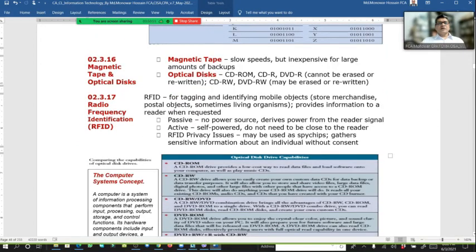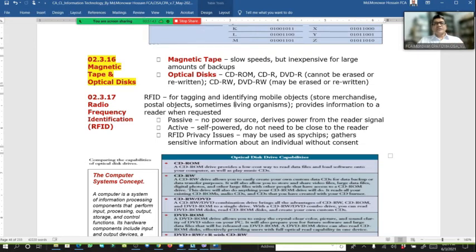And now the magnetic tape and optical discs. Magnetic tapes are slow speed but inexpensive for large amounts of backup. And optical discs, we know them as CD-ROM, CD writing, DVD-ROM, etc. And radio frequency identification, for identifying and mobile operation, provides information to a vendor.